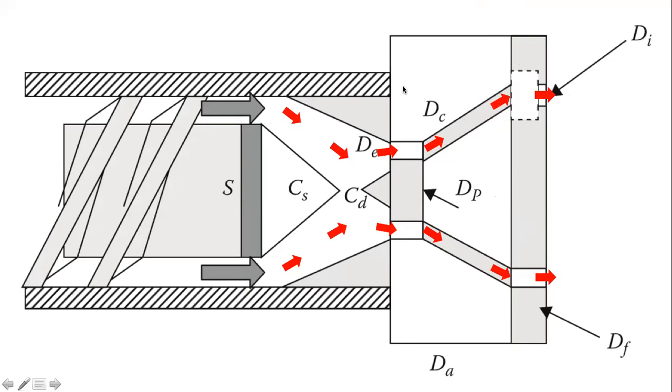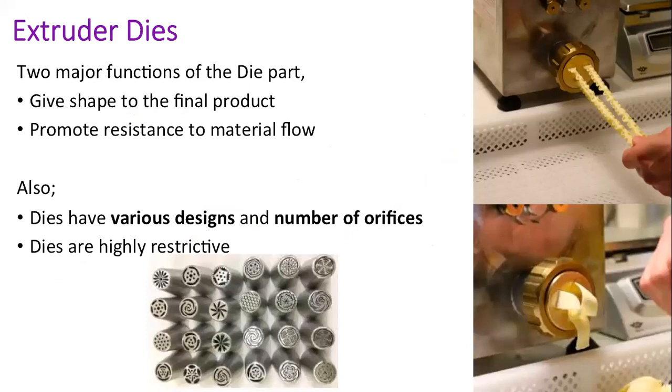The distance in between these two ends and the material, all these things are important. So what are the two major functions of extruder die? It will provide a shape and also retain the pressure, as it means basically promote the resistance, right?